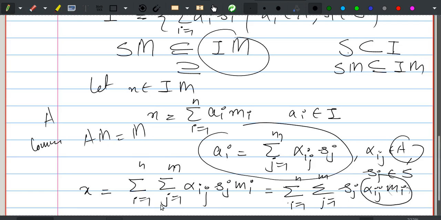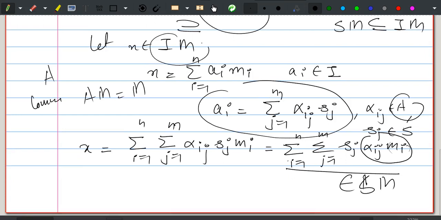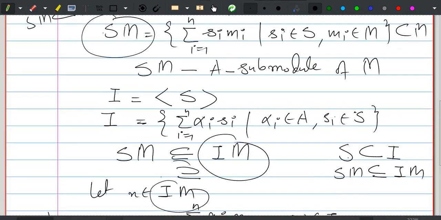So this expression over here is actually an element in SM. So this x was chosen in IM, so we ended up in SM. So that means this inclusion over here is also true.